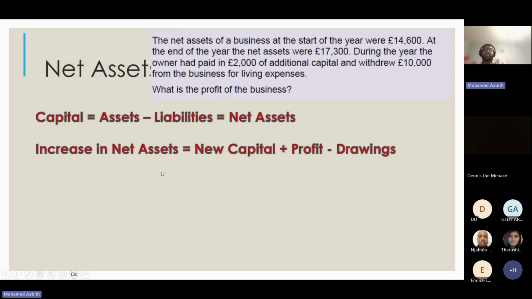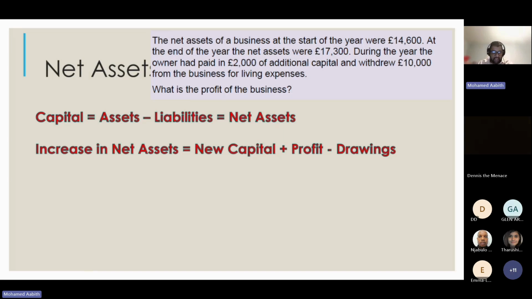This is the formula you have to remember here. This is the only reason your net assets could have increased. If there is no new capital and there are no new drawings, your net assets increase can be ascertained by the profit earned by the business. Why? The profit will increase the net assets, because in that way your capital is also going to increase the same way.